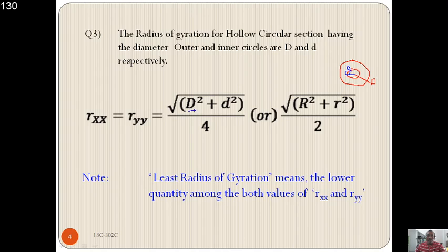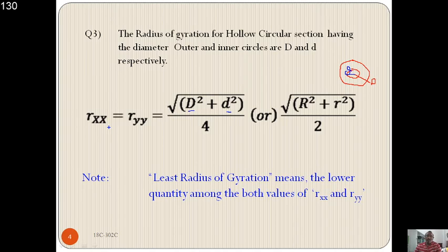Using those dimensions, substitute in this equation: rxx equal to ryy is equal to square root of, within the brackets, capital D square plus small d square, and the whole divided by 4. Or we can rewrite the same equation in terms of the radius also, that is square root of outer circle radius square plus inner circle radius square, divided by 2.